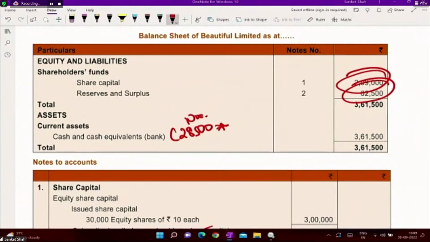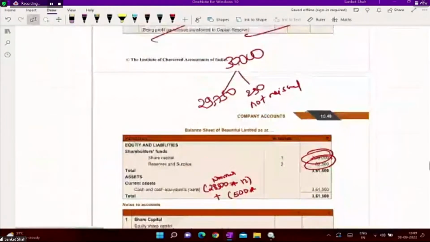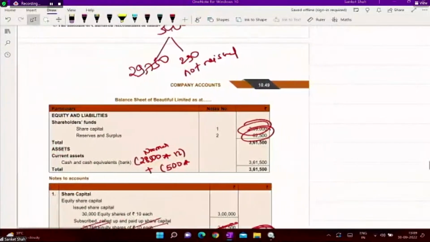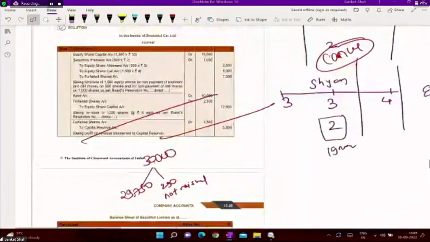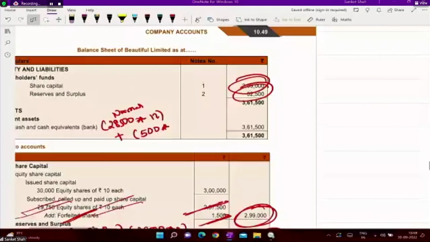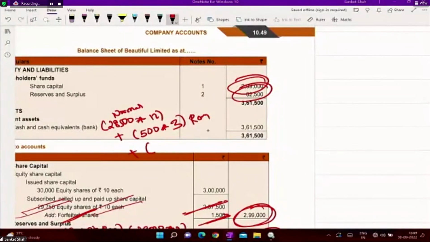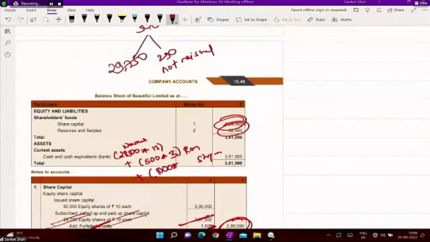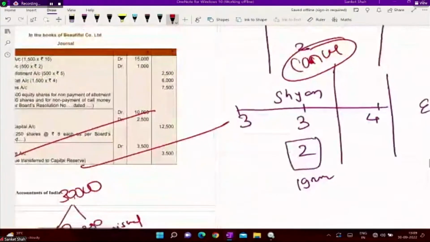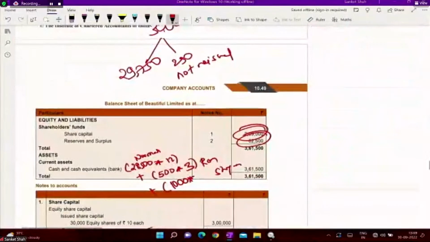Normal people, they paid the full 12 rupees. Then Ram paid only 3 per share, 500 into 3. How much is Sham paying? 1,000 into 3 plus 3 plus 2, 8.